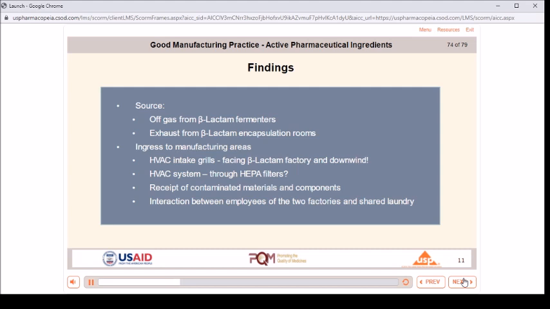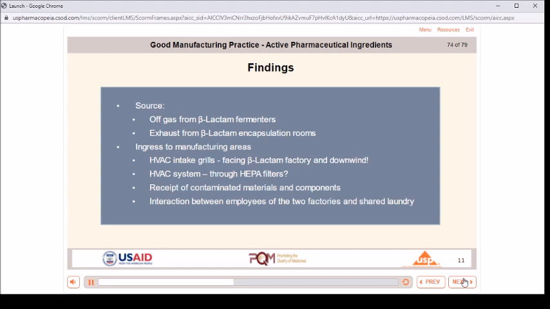The main sources of beta-lactam ingress were determined to be the air intake of the HVAC and receiving of raw materials and consumables. There was considerable resistance to both of these suggestions from within the company. In particular, it was thought highly unlikely that the residues could penetrate the HEPA filters in the HVAC ductwork.